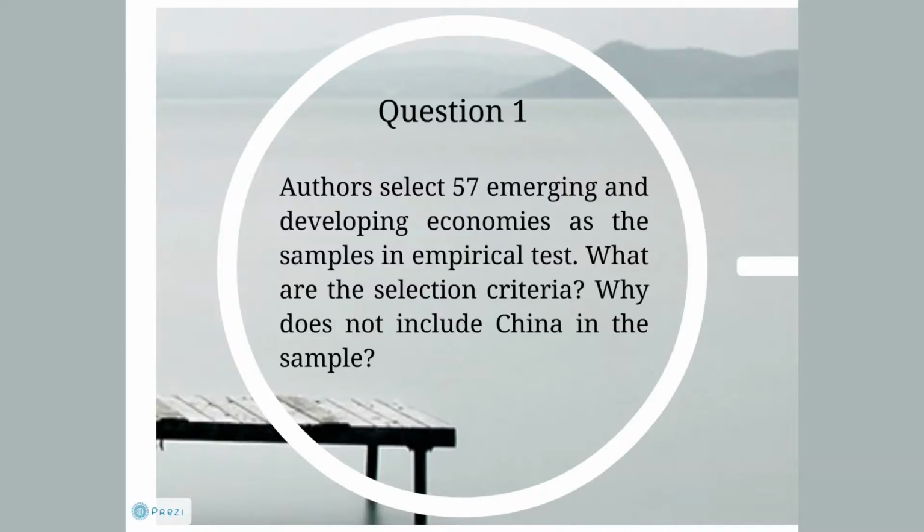Why not 60 or 70 for the sample? And I am also very curious about why the sample does not include China, because I find that the authors select India, Brazil, Russia, and South Africa, four of the BRICS, but omit China. Maybe I also know some reasons why you did not choose it, but I think you can give some explanations for why you did not choose it.